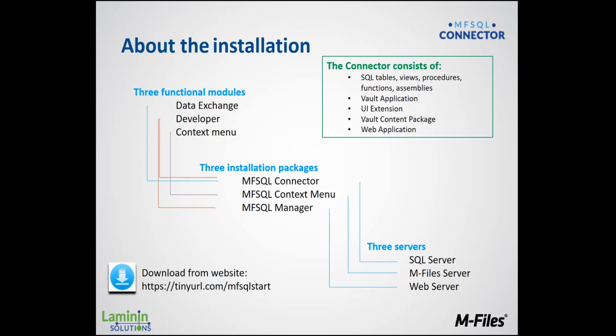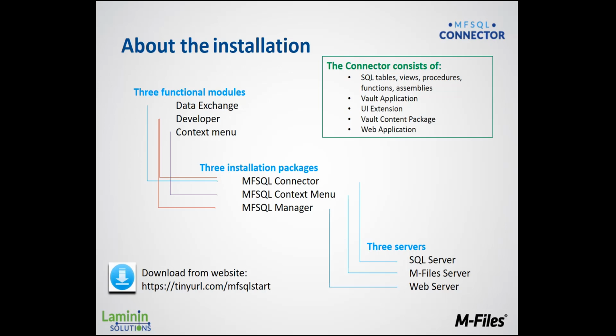So you can download the software from the website, and there's also a form that you can fill in to get the serial number for the software. It comes in 3 different packages, and each one of those packages is designed to be implemented on the server that it is targeting.